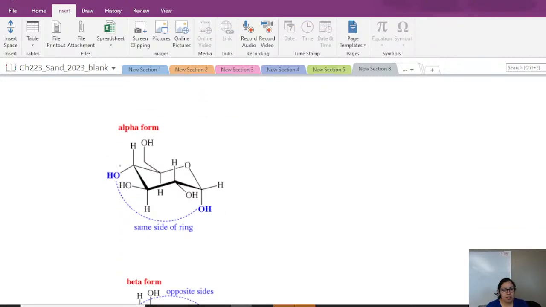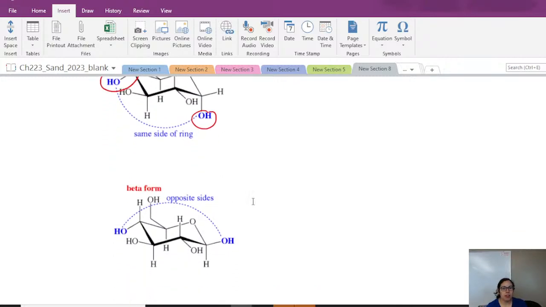All that's looking at is these two hydroxides and seeing whether they're both down, or they call it the same side, but you're looking at what angle they're going at. If they're both down, this is called the alpha form. So you also see alpha. And then versus a beta, this one's going down and this one's going up, so now they're on opposite sides. So now this would be beta.